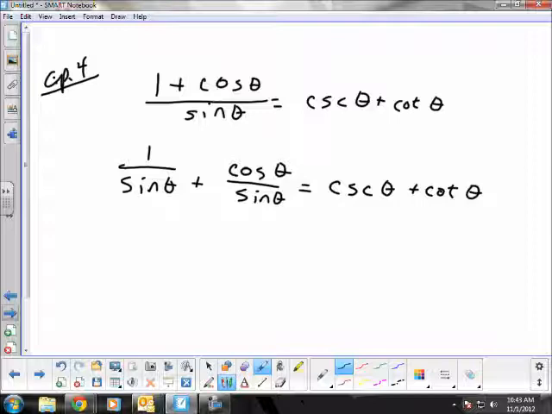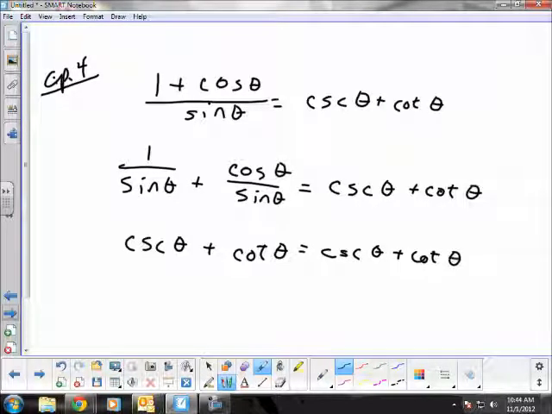What is 1 over the sine of theta? The cosecant. And what is cosine over the sine? The cotangent. What else do we need to do? Nothing. We are finished. All right?